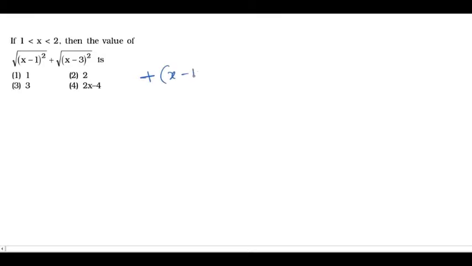So plus x minus 1. Now x minus 3 whole square, but this is a negative number if x is less than 2, right? So we need to use minus x minus 3. So what does this become? Minus 1 plus 3, which is equal to 2.